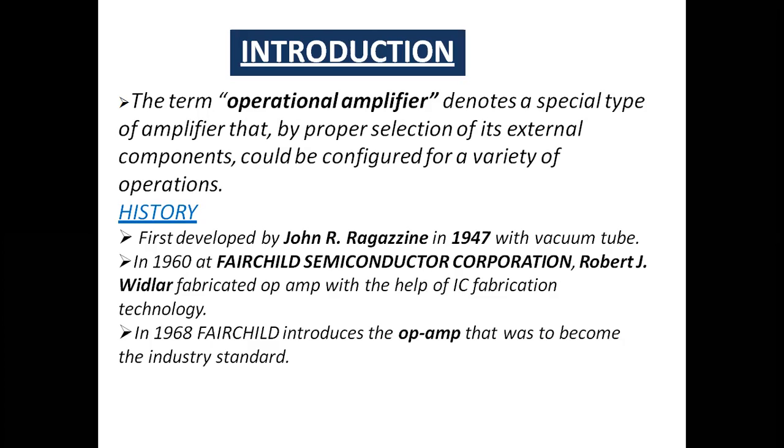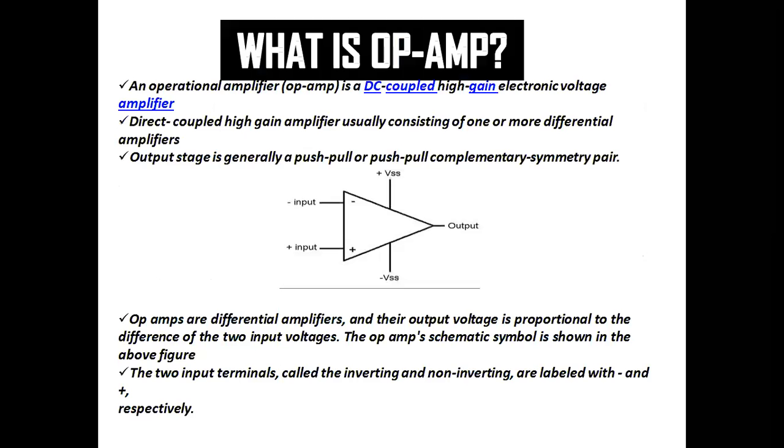It means he declared we can make the IC work as an op-amp. Again in 1968, Fairchild introduced the op-amp that was used as the industrial standard. It means he again added some specifications to that op-amp, so it was used in industry also.